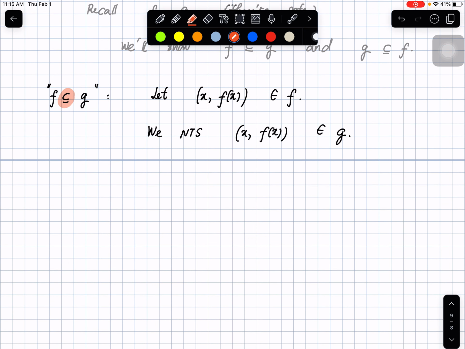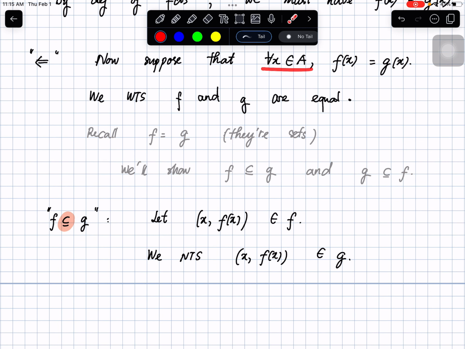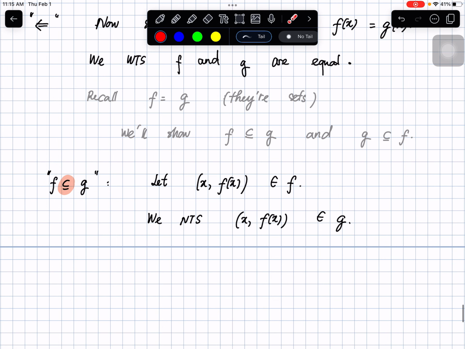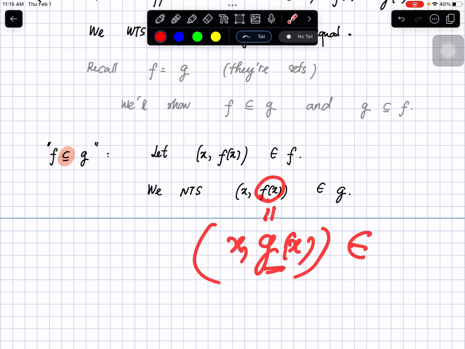Okay, so now recall that we suppose for all x in A, f of x equals g of x. So this is true just because f of x can be replaced by g of x, and (x, g of x) is in g by the definition of function g, right? So (x, g of x) is an element of g.